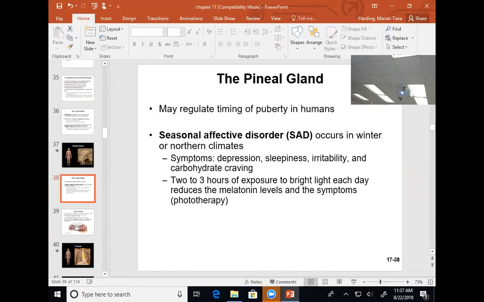And some people are so sensitive to that they have what's called seasonal affective disorder, where they are depressed, they have insomnia, they're irritable. How many of you know people who are irritable? They don't get enough sleep, or they don't get young moms. Okay, and carbohydrate craving because you're looking for a quick fix.